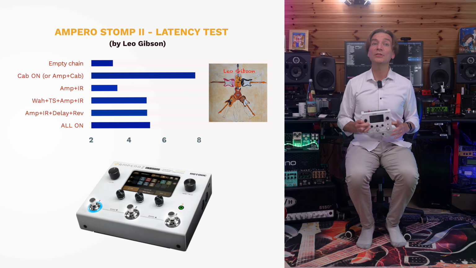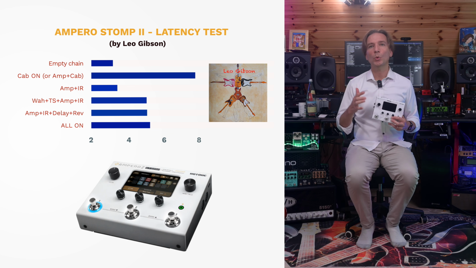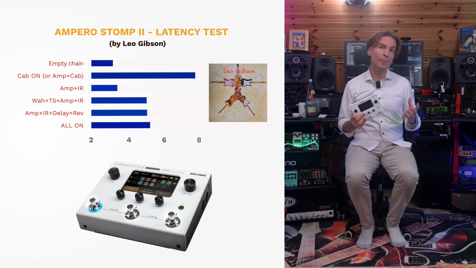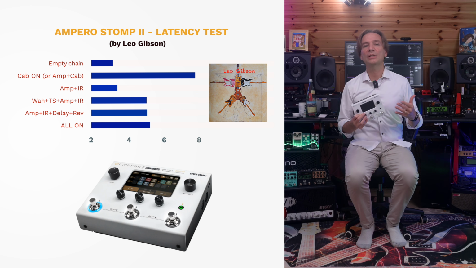I have also checked out the effect loop. I have connected a very short cable in the effect loop of the Ampero in order to test the latency of the effect loop without any other external pedal connected. Obviously, if you add an external pedal in the loop, you need to add also the latency of that pedal. Well, with the effect loop activated in the signal chain, with just an amp and a cab, the latency does not change too much, which surprised me a little bit, as I expected to have a round trip for the AD/DA conversion to sum up to the latency.